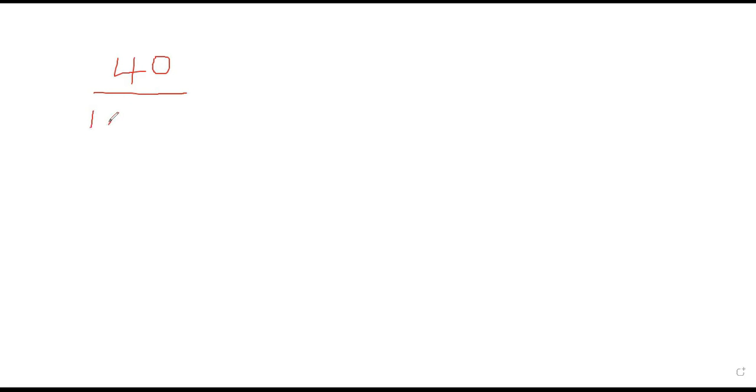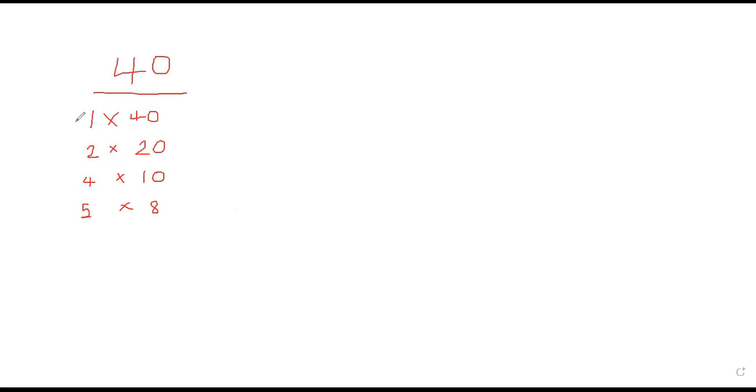So 1 multiplied by 40 equals 40, and then we have 2 times 20 giving 40, and then we have 4 times 10 giving 40, and then we have 5 multiplied by 8 giving 40. So these are the factors of 40.